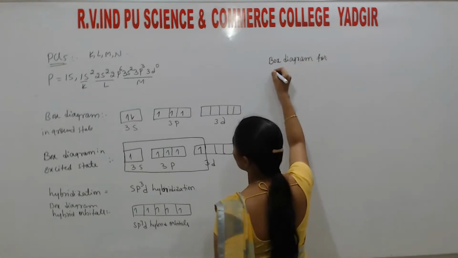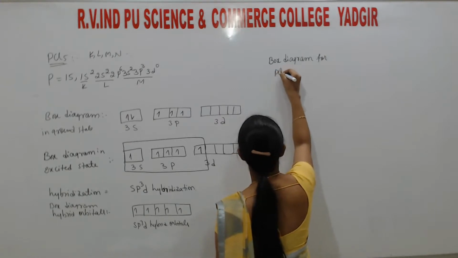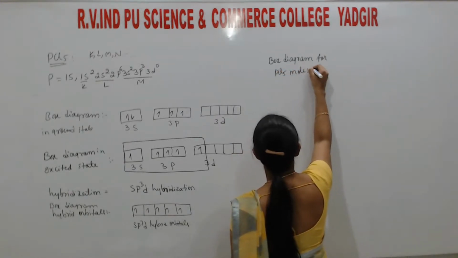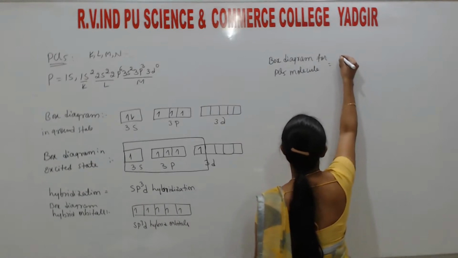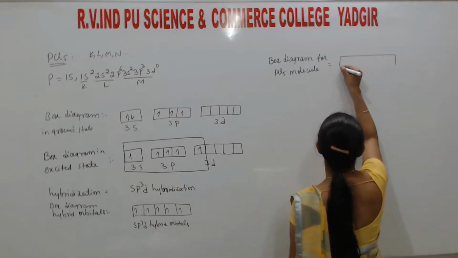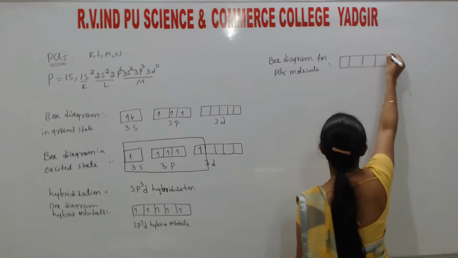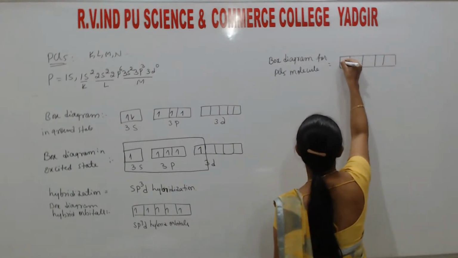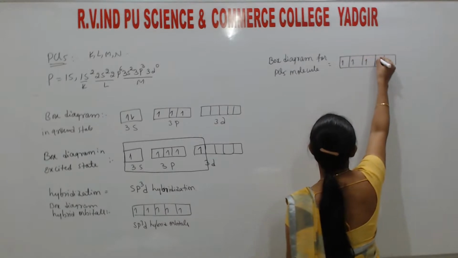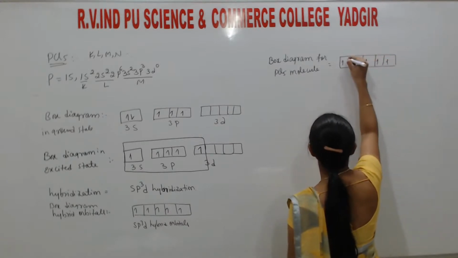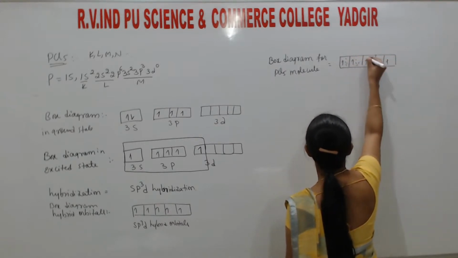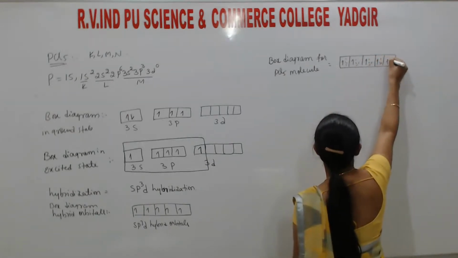The next one is the box diagram for PCl5. Consider the hybrid orbitals here. How many? 5: 1, 2, 3, 4, 5. These are singly filled electrons of phosphorus. To that electron, the electron of Cl is bonded.